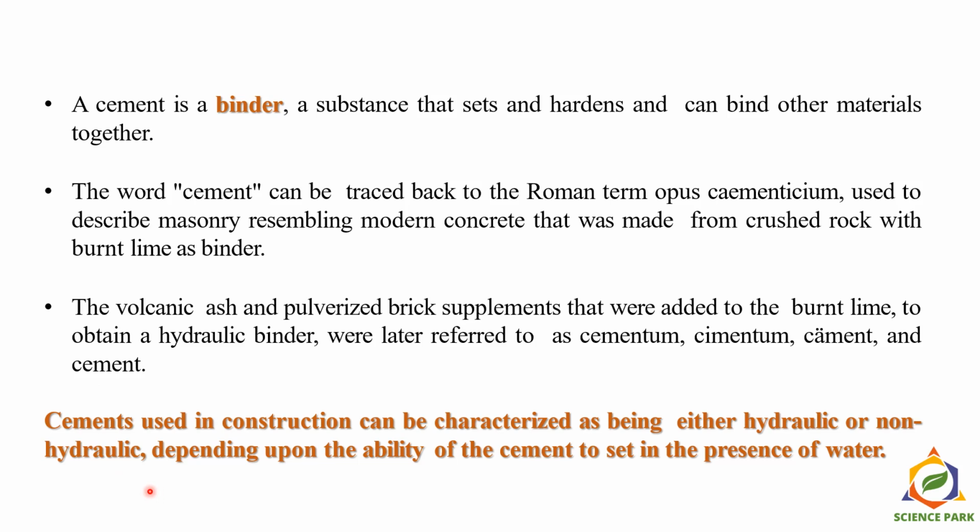Cements used in construction can be characterized as being either hydraulic or non-hydraulic, depending upon the ability of the cement to set in the presence of water. So there are two types of cements, hydraulic and non-hydraulic. It depends on how the cement sets or hardens in the presence of water.